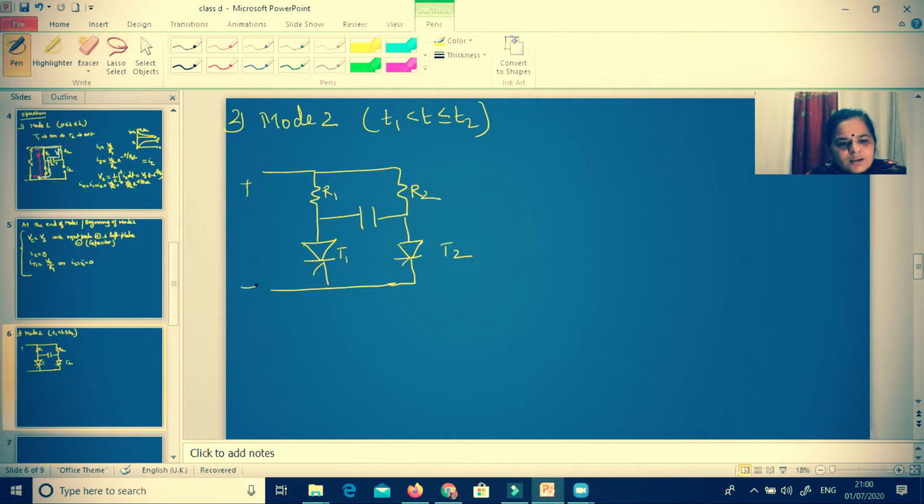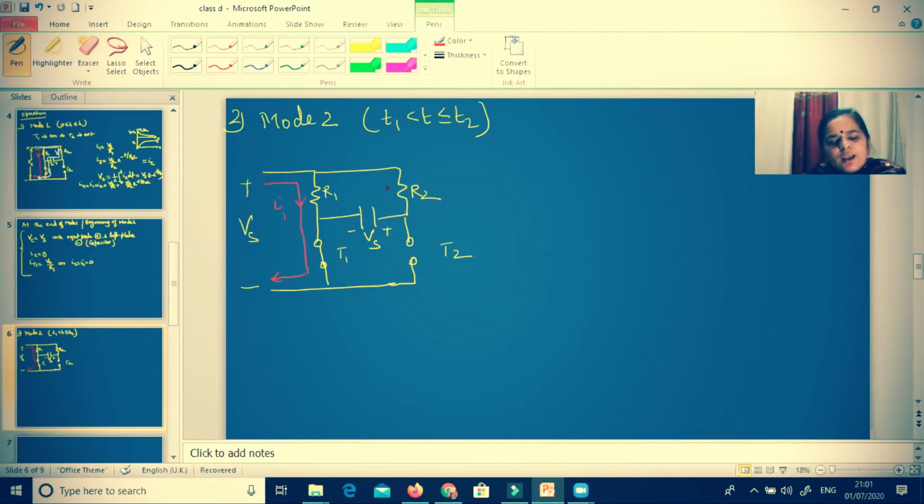At the end of mode 1, this is plus, this is minus, and this is Vs. And you can see that T1 is acting as a short circuit in mode 2 and T2 is acting as an open circuit. Under this condition, only one current can flow, that is I1.